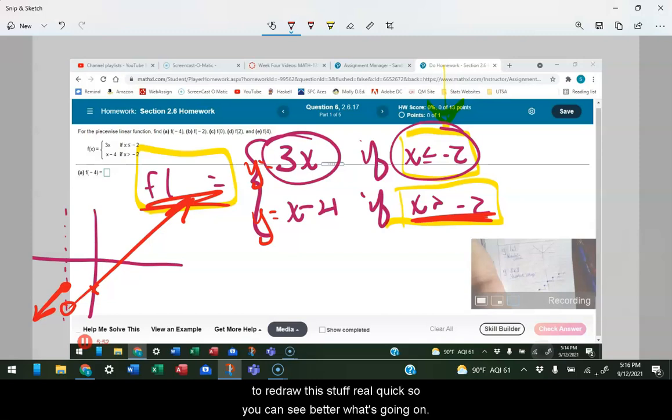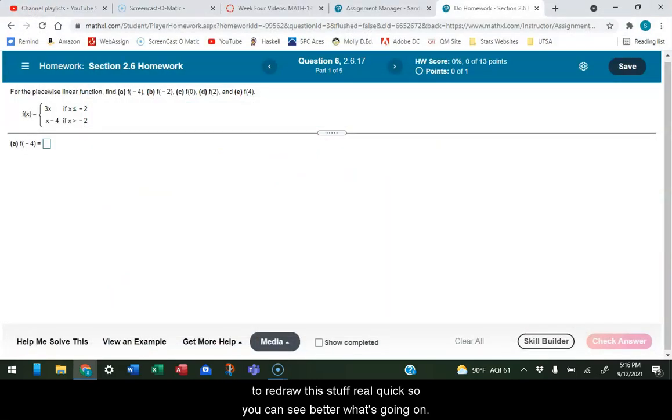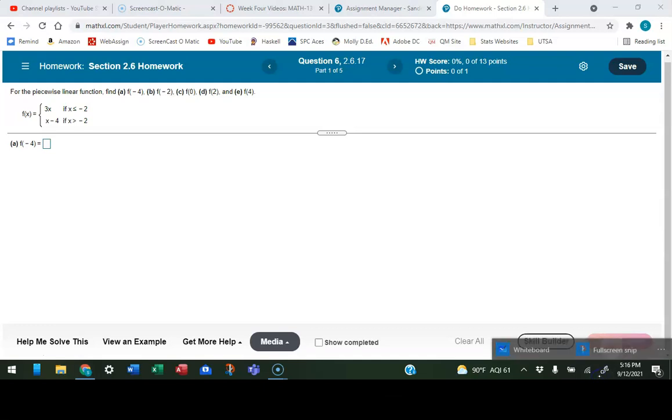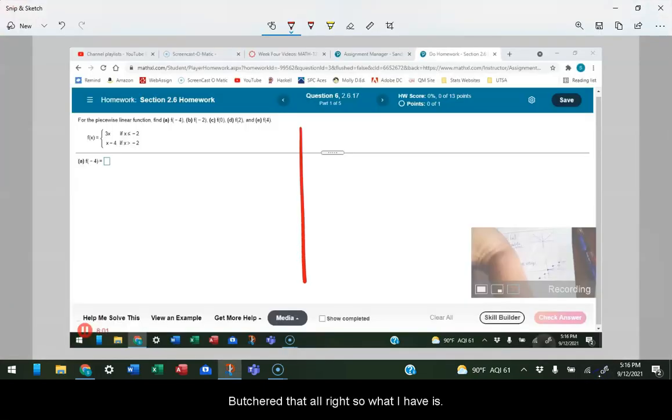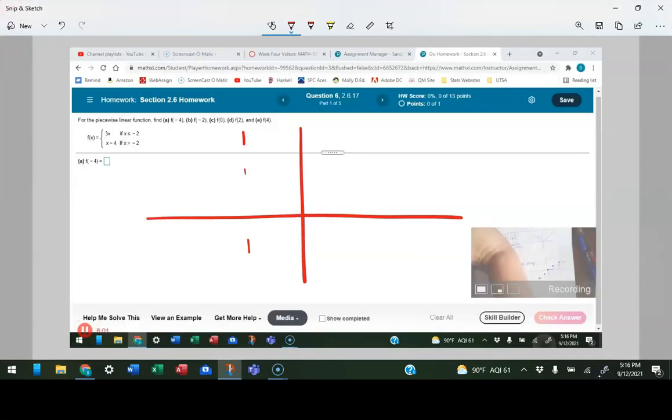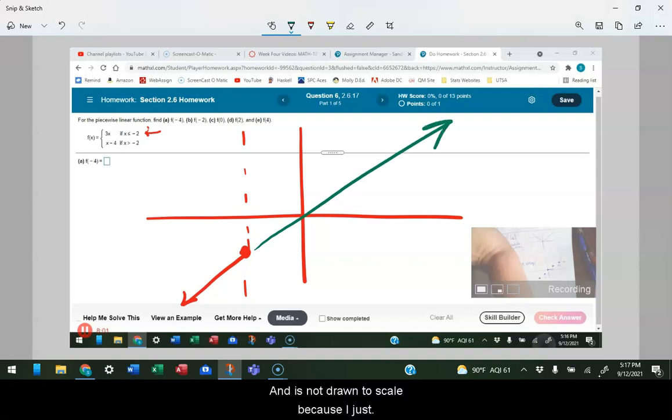So I'm going to redraw this stuff real quick so that you can see better what's going on, since I kind of butchered that. All right, so what I have is a vertical line at negative 2, and then this is my 3x, which is going to be this top row, and then I'll just do a different color. Let's do green. It's not drawn to scale because I just drew the wrong thing.